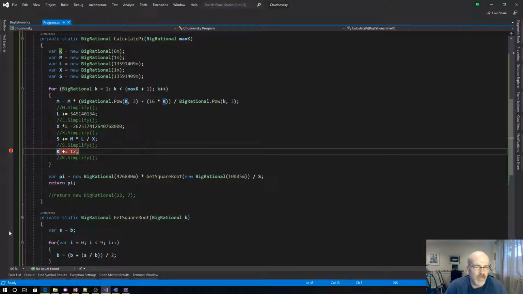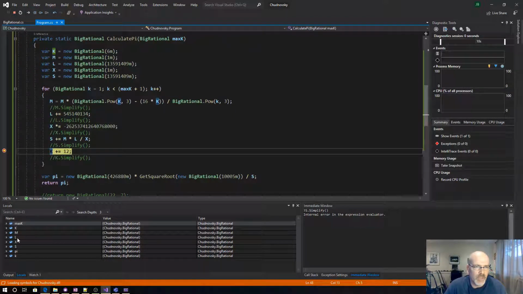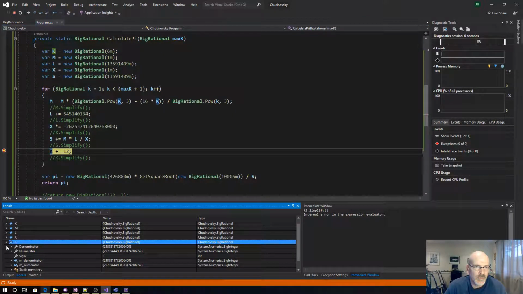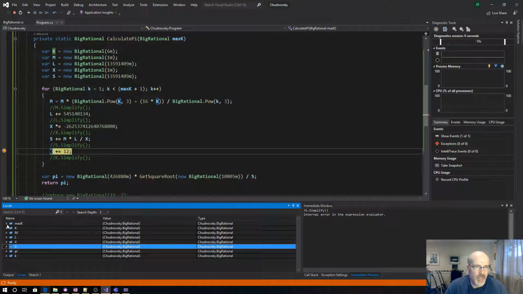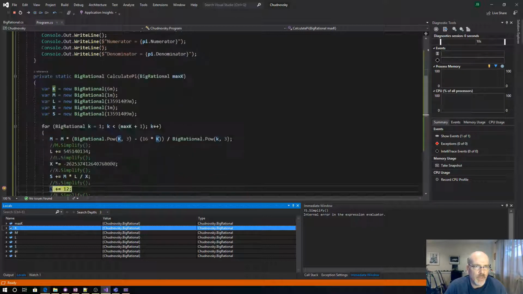So is the only thing that matters the S, in terms of precision? Am I passing in here 5?